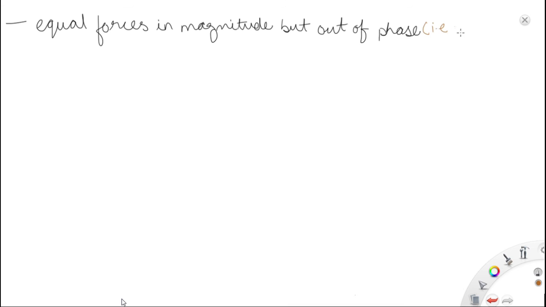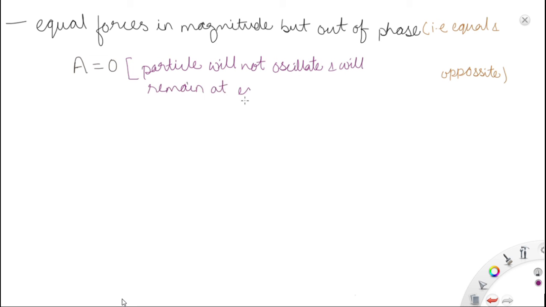Equal forces in magnitude but out of phase, means equal and opposite, means delta is equal to pi. In that case, when they are equal in magnitude they will cancel each other, and the result will be a null vector, a zero vector, magnitude 0, direction everywhere.